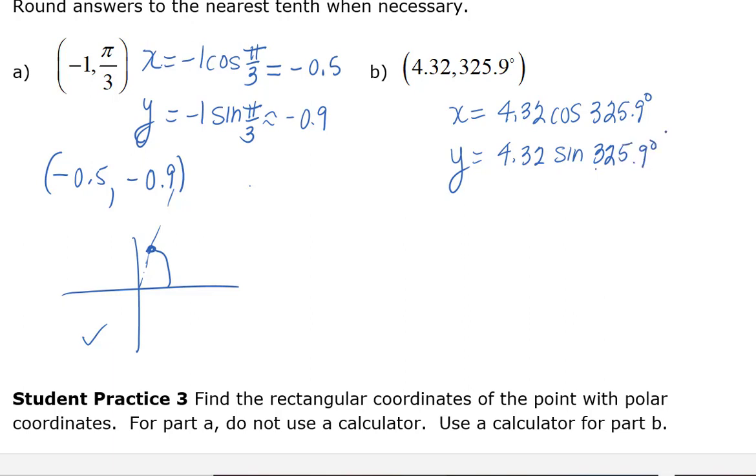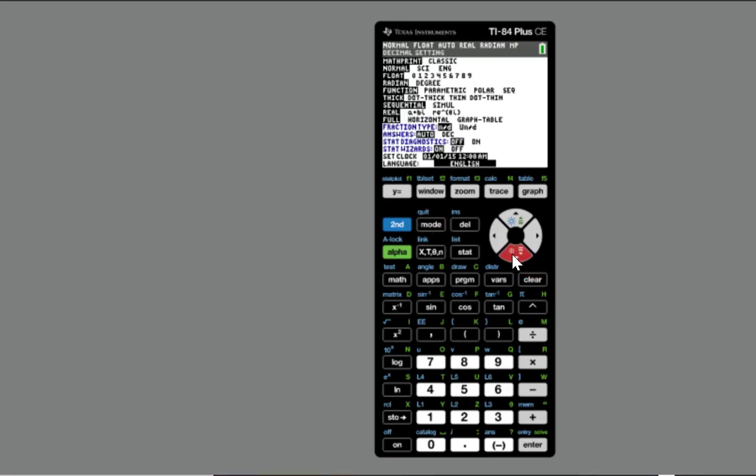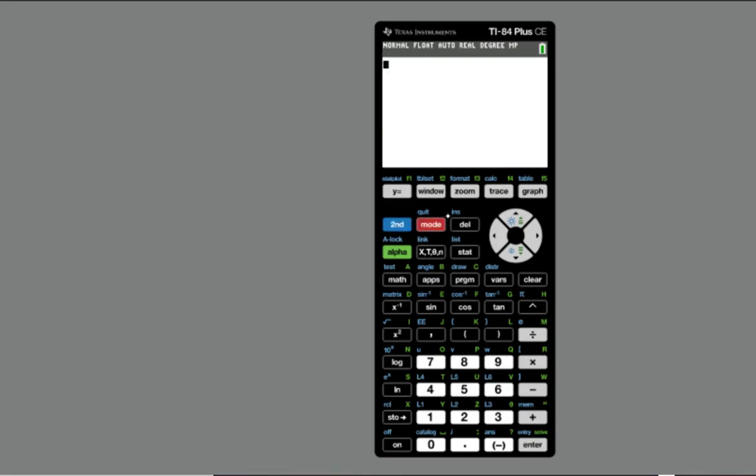Again, we'll make sure we're in the right mode. So we'll get into degree mode. All right, so I've changed my mode to degree, and I've entered 4.32 times the cosine of 325.9, giving me around 3.6.